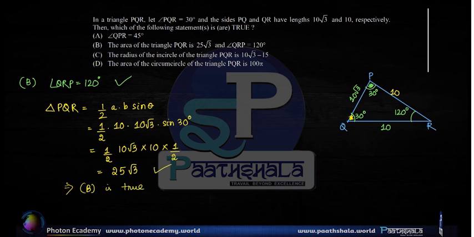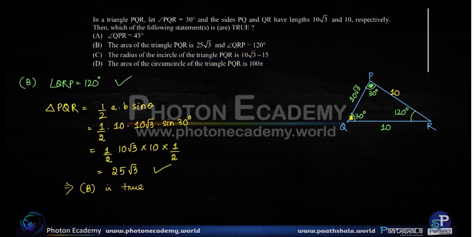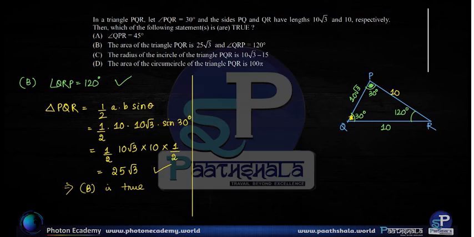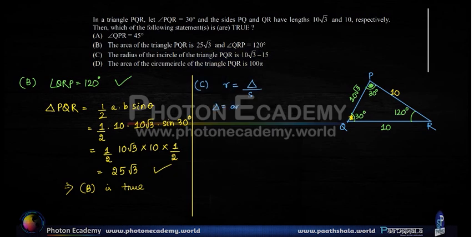Now we evaluate the third option, which says the radius of the inner circle of the triangle PQR is 10 root 3 minus 15. To evaluate the inner circle, we have the inner circle radius of the triangle is equal to del by S, where del is equal to the area of the triangle and S is equal to the semi-perimeter.